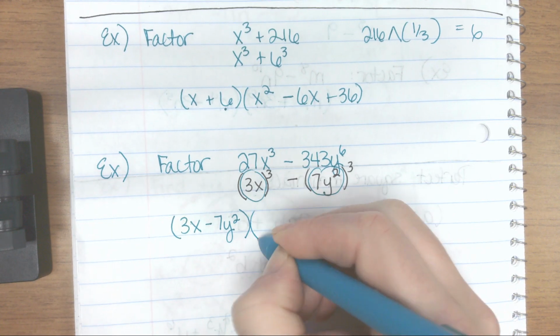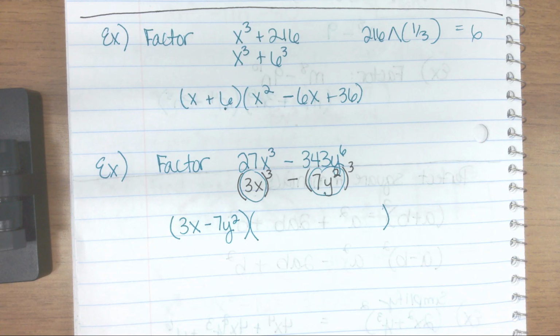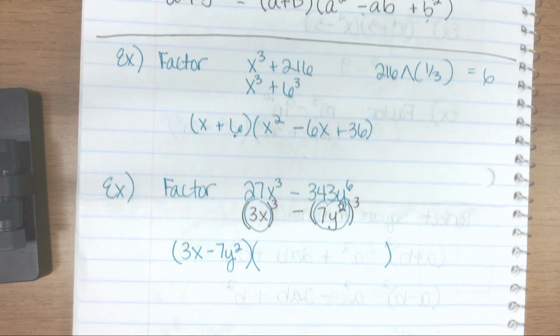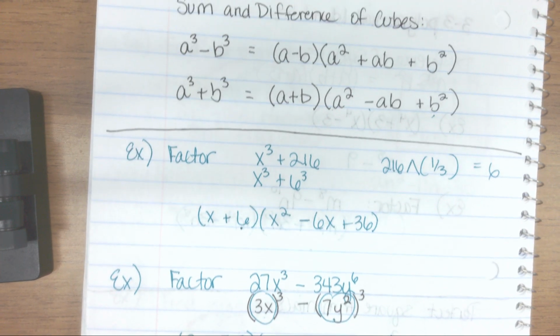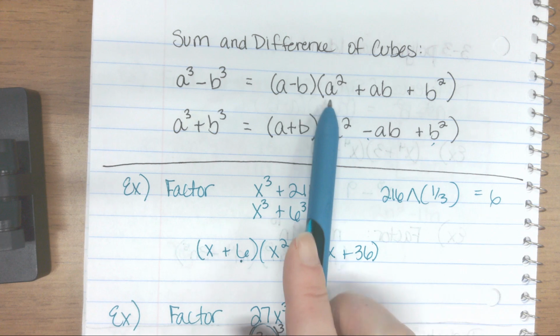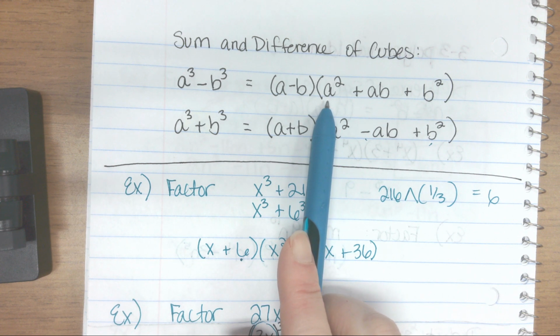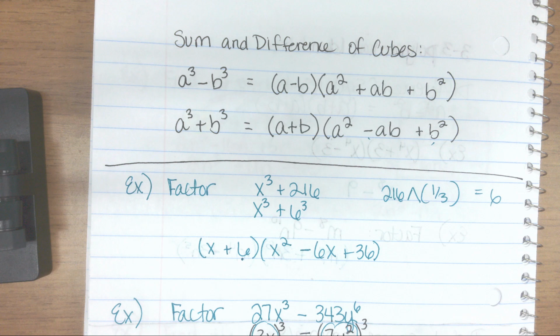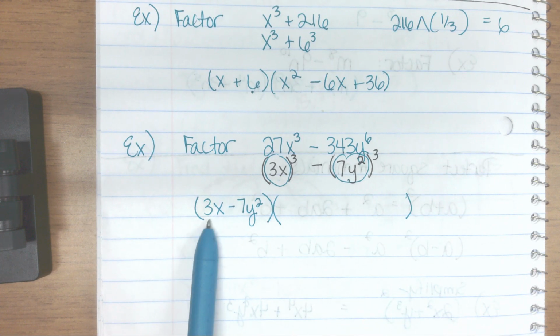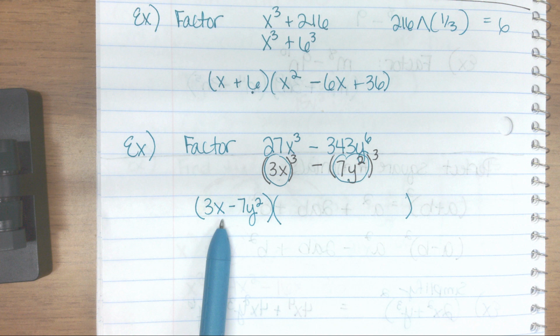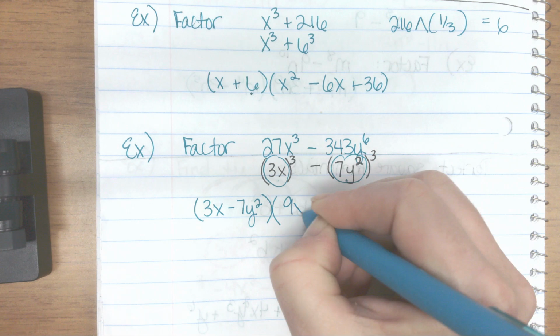Okay. For my second factor, if I'm looking up above, this has got to be the first term squared, or multiplied by itself, okay? If I multiplied 3x by itself, what would I get? 9x squared. Good.